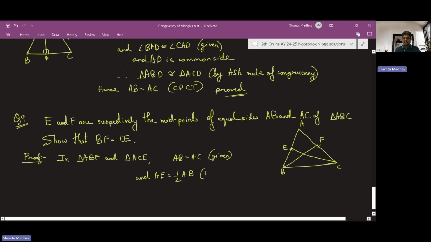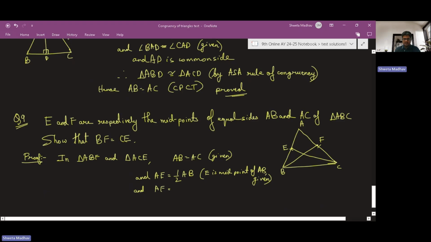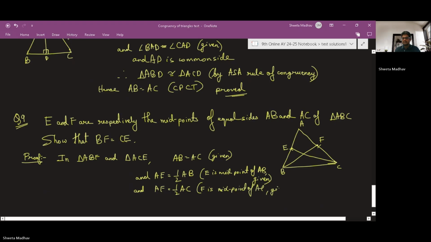Since it is given that E is the midpoint of AB, similarly AF is half of AC, since F is the midpoint of AC, which is also given.